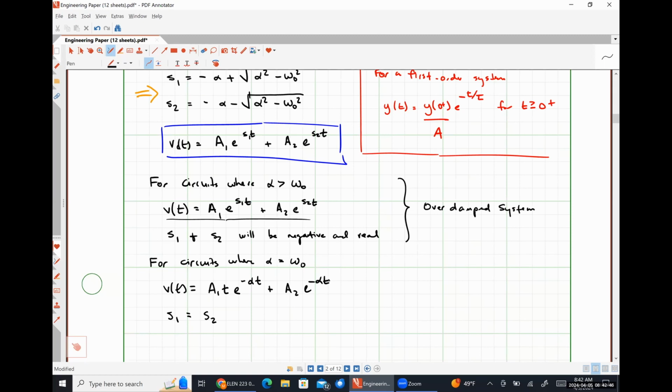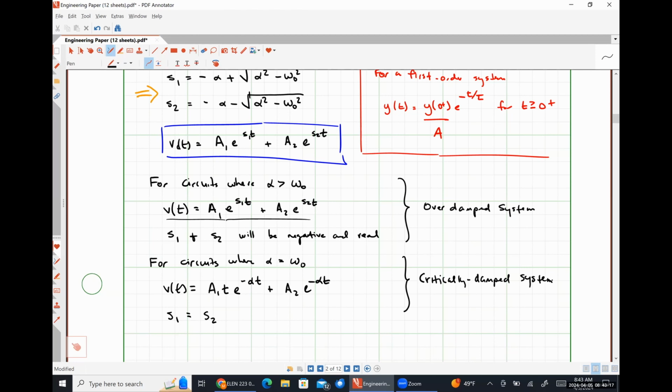At some point, I will find the time to actually look into what that really represents, but this is the standard practice for a second order differential equation where what are called our eigenvalues, the values of S1 and S2, are the same. So we call this critical damping, or a critically damped system.